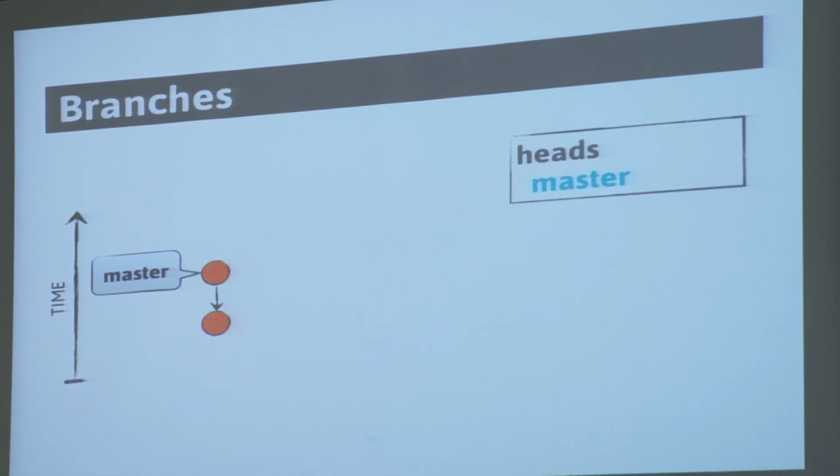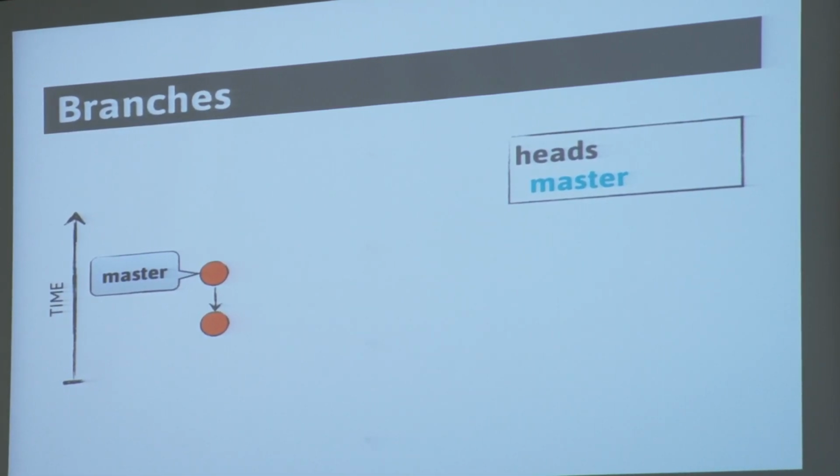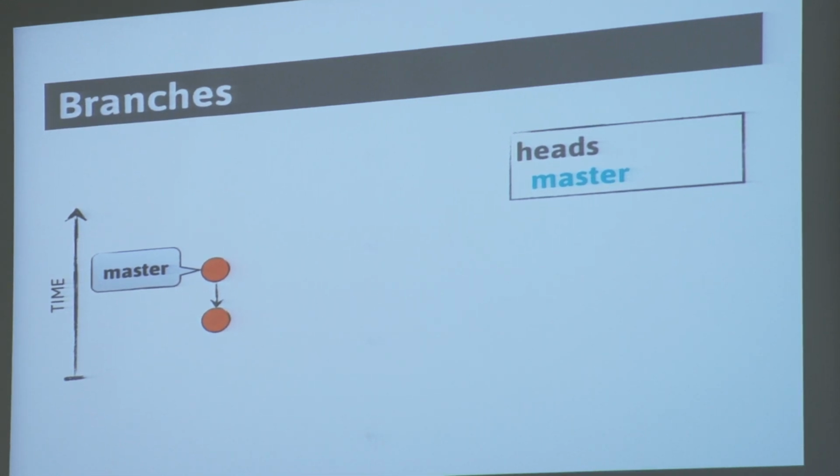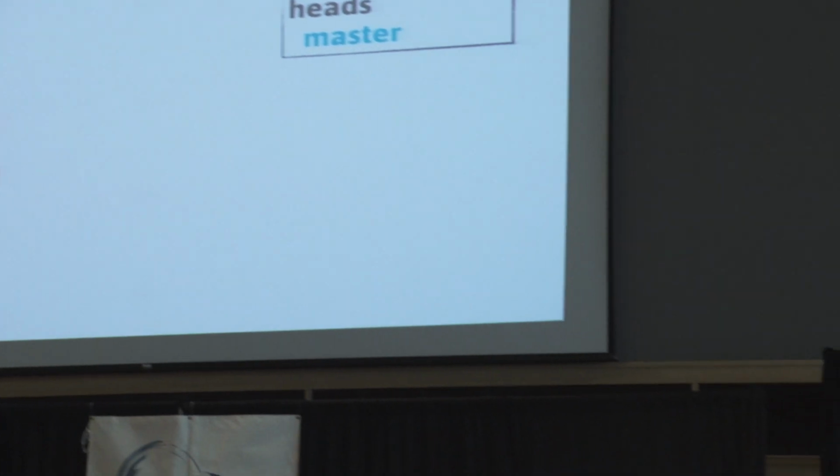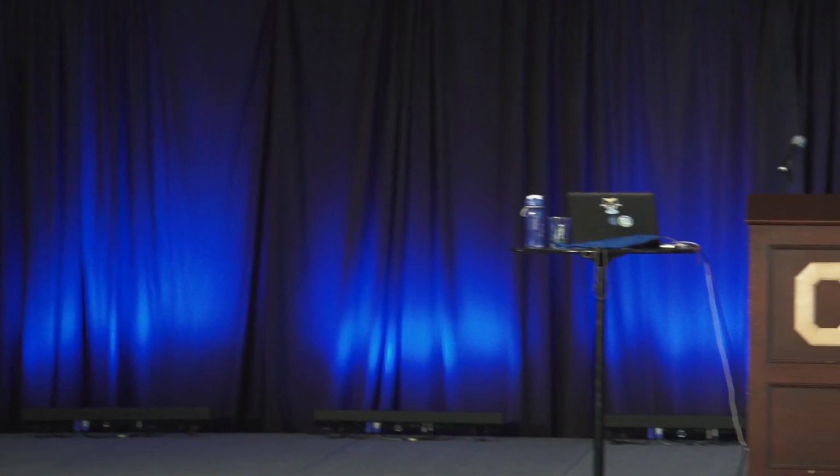So the way you think about branching in Git is you think about it as a post-it note. That's the way I like to think about it. It's a post-it note with a SHA in it. So right now this post-it note contains the SHA of this commit inside it.